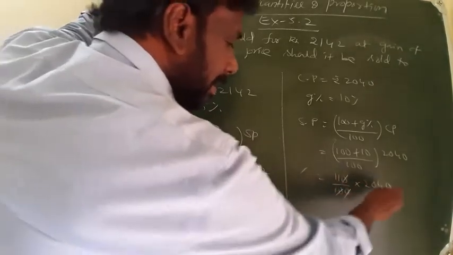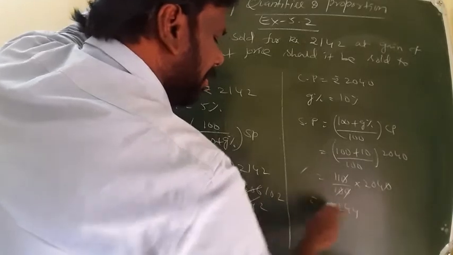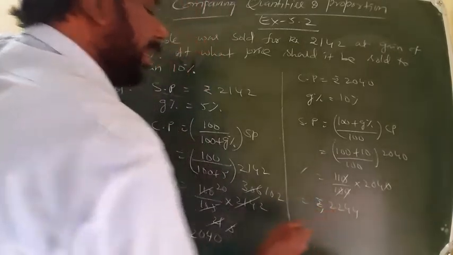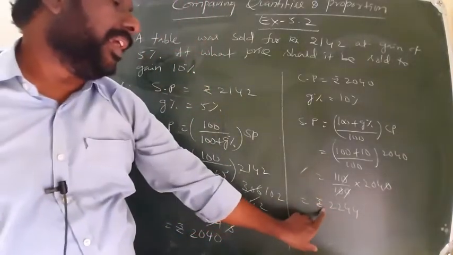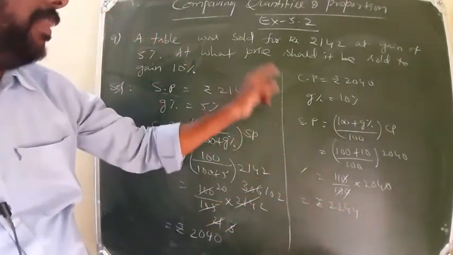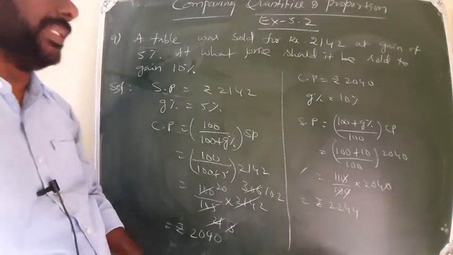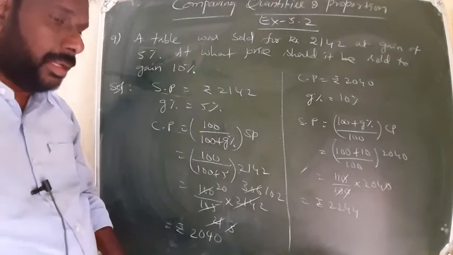The zeros cancel. 11 into this one. So 2244. If you want to get 10% gain, you have to sell the table for rupees 2244. So like that you have to do this problem.